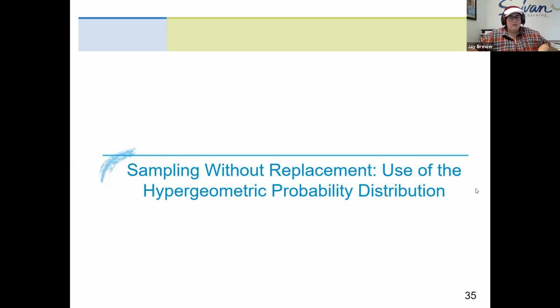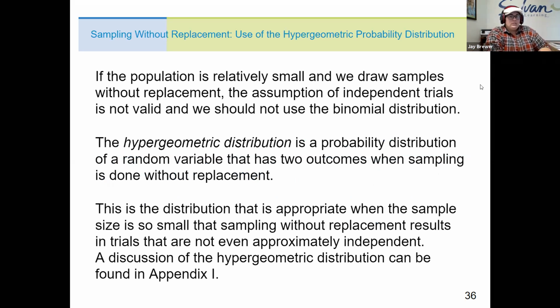Okay? If the population is relatively small and we draw samples without replacement, the assumption of independent trials is not valid and we should not use the binomial distribution. The hypergeometric distribution is a probability distribution of a random variable that has 2 outcomes when sampling is done without replacement.